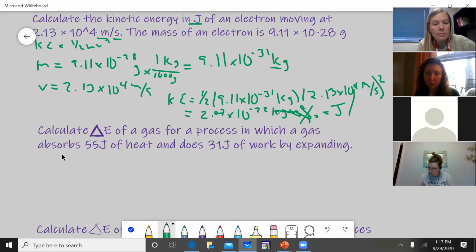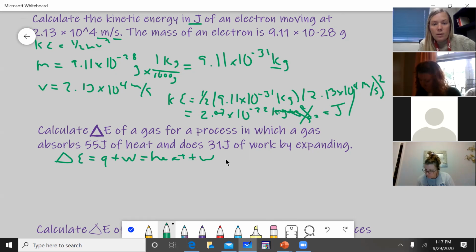And we know from the simple equation that delta E is going to equal our Q, heat, plus W, work.